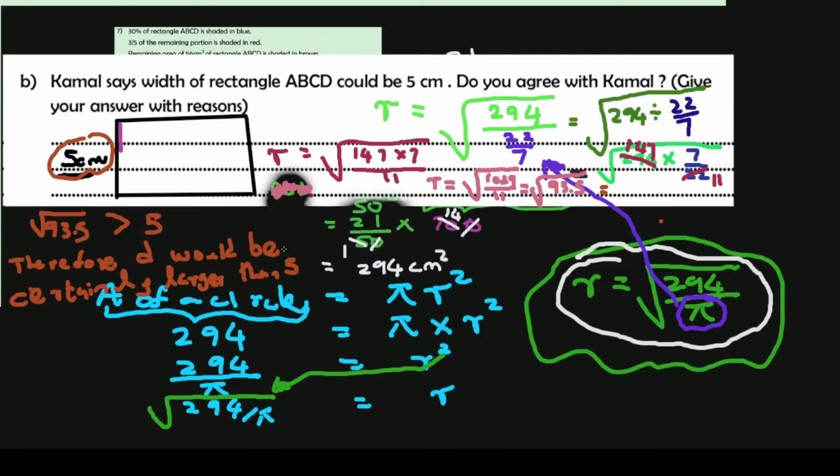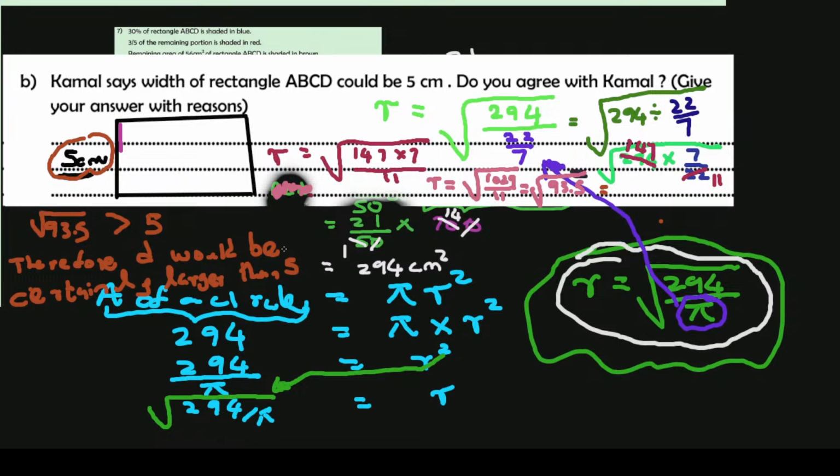So if the diameter is larger than 5, the circle will not fit into a rectangle which has a width of 5. Therefore, what we wrote here is the square root of 93.5 is bigger than 5. Therefore, D would be certainly larger than 5.